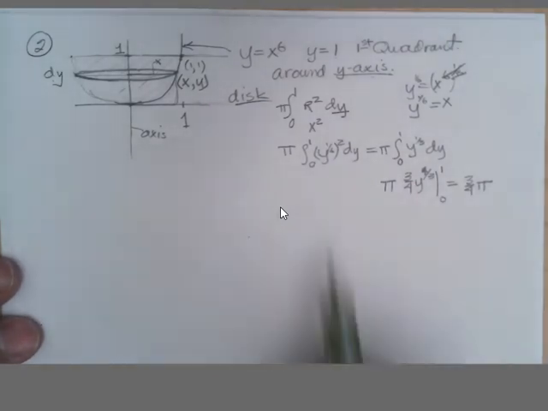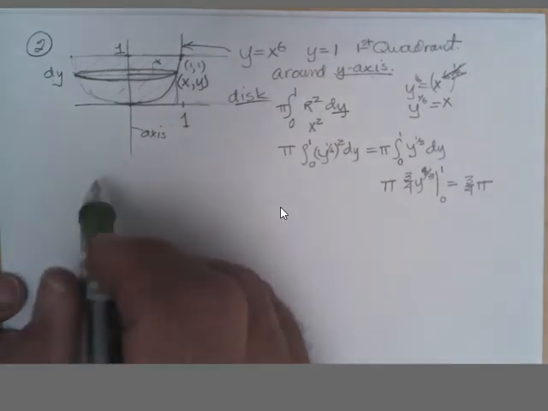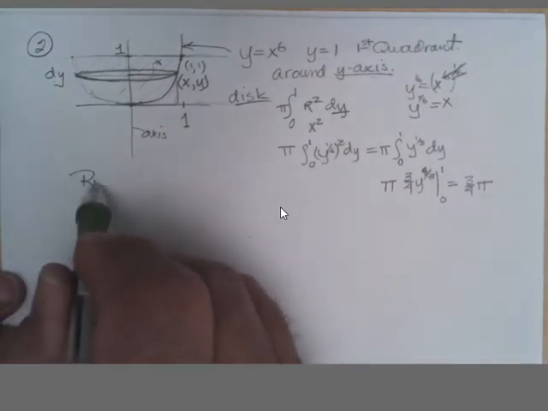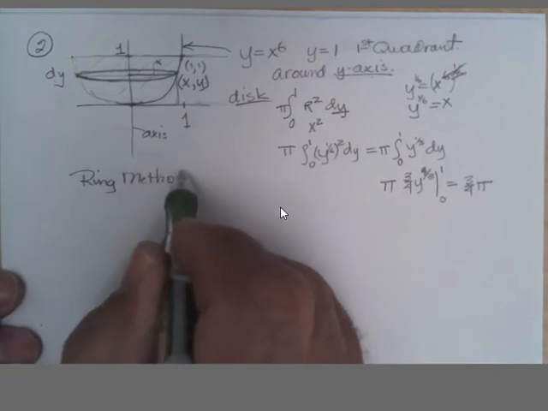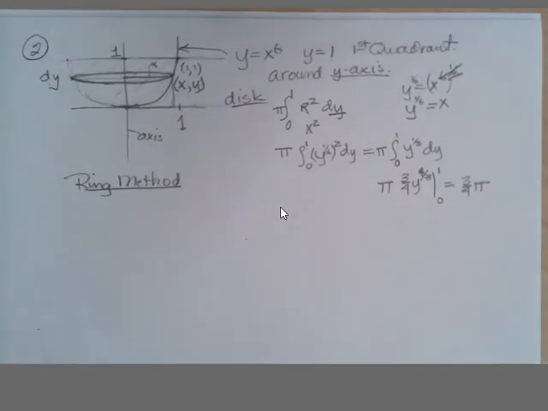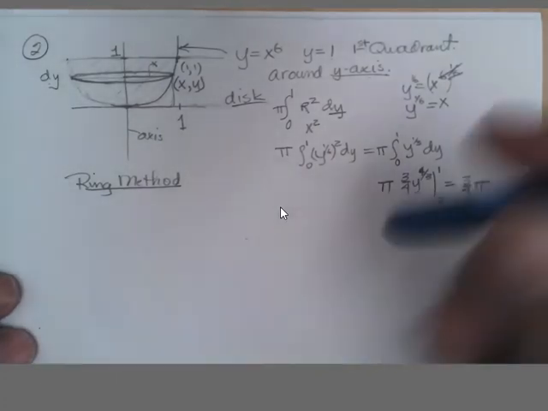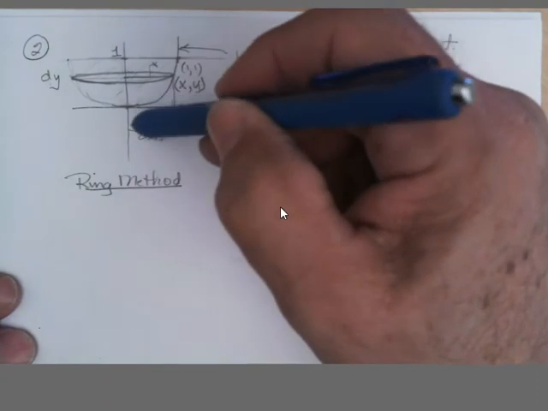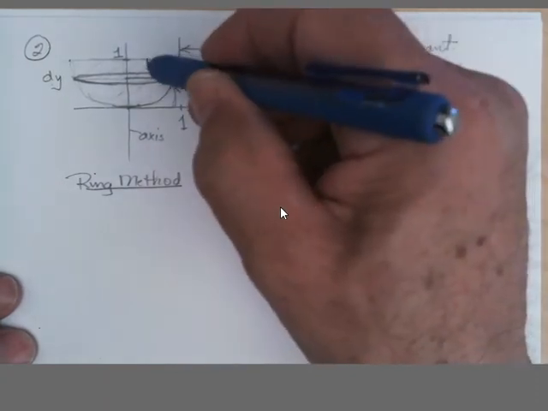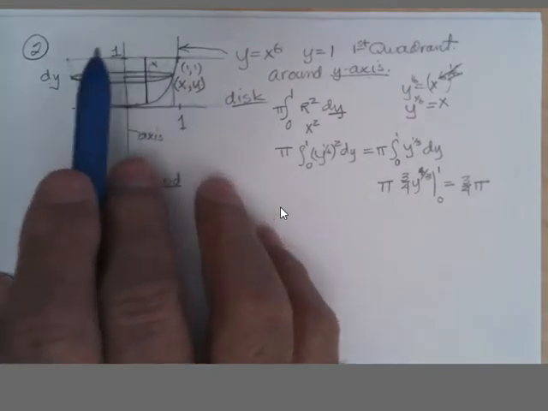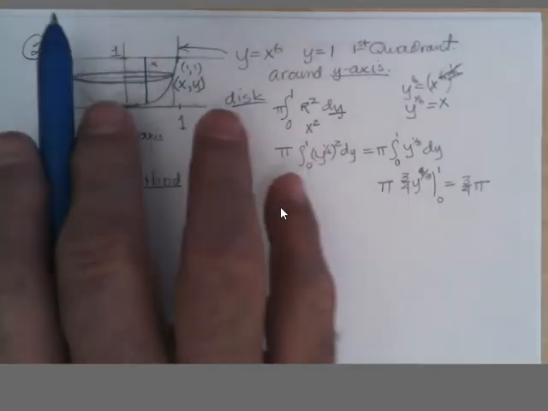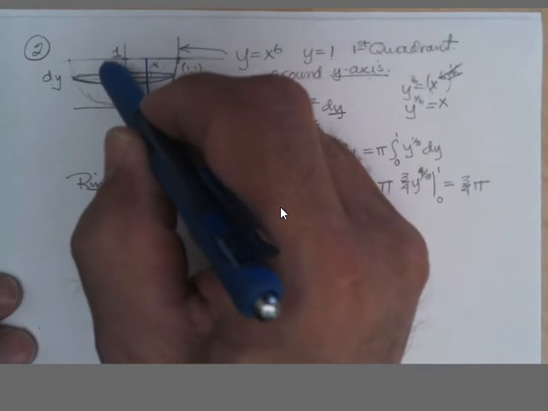Okay, wasn't too bad. Now let's try doing it with the ring method. So now in the ring method, we slice parallel to the axis. So I'll do my slice right here. And that slice would come around, up, over, and back down, and go back around here.